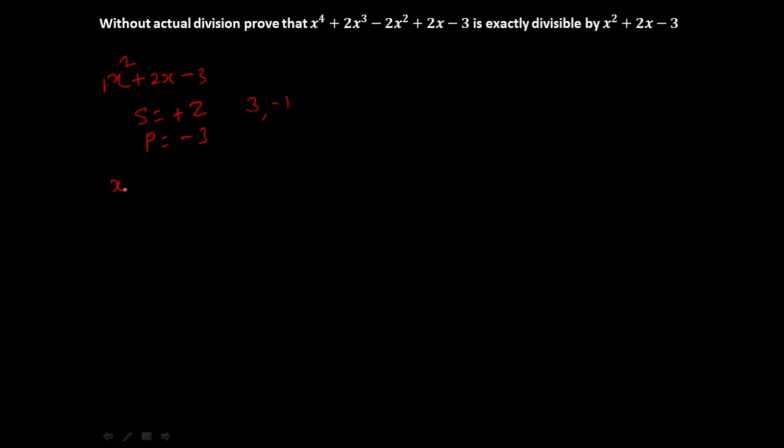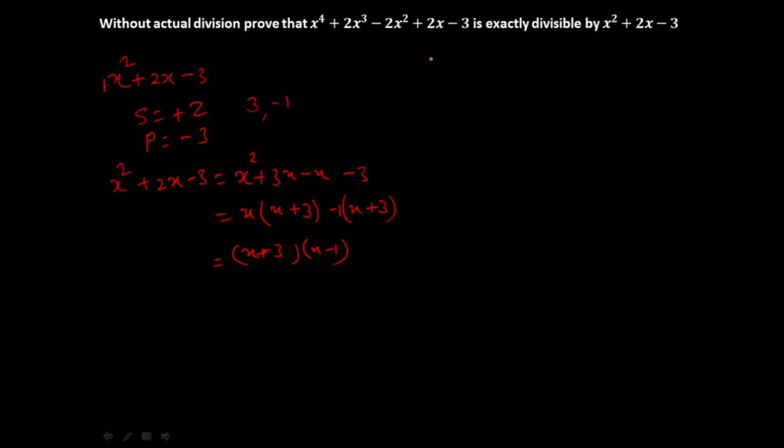So how do you factorize the polynomial? Just split the middle term in the form of these two numbers. So x square plus 3x minus x minus 3. What is common in the first two? Only x is common. Again, what is common from here? 1 is common, negative 1. The pending part is this. I have two factors, x plus 3 and x minus 1.